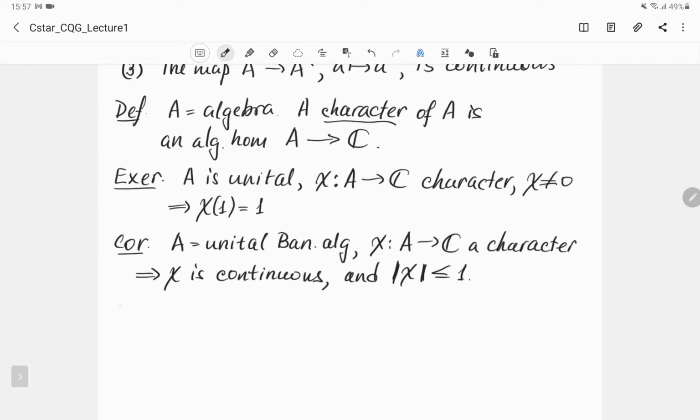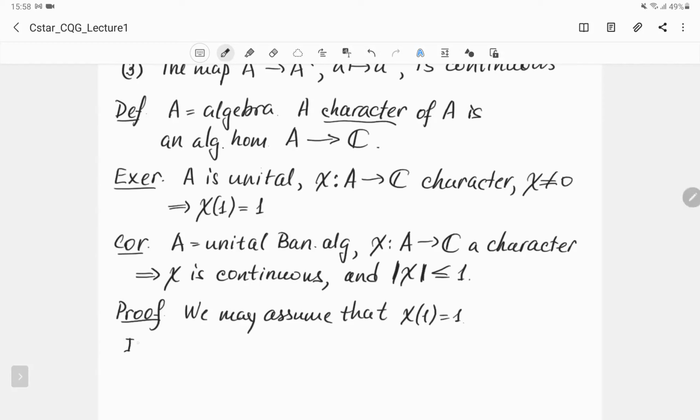Well, let's prove this result. This is very easy and very nice in my view. First of all, without loss of generality, we may assume that chi is unital, because of the previous exercise. If it is 0, then there is nothing to prove. And if it is not 0, then it is unital.